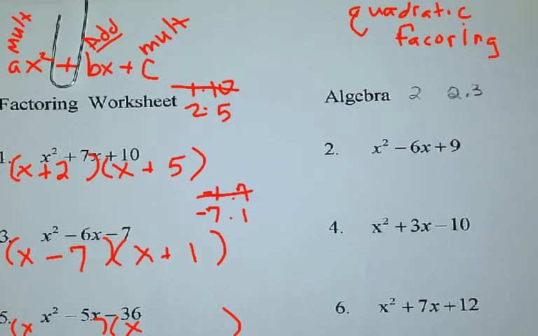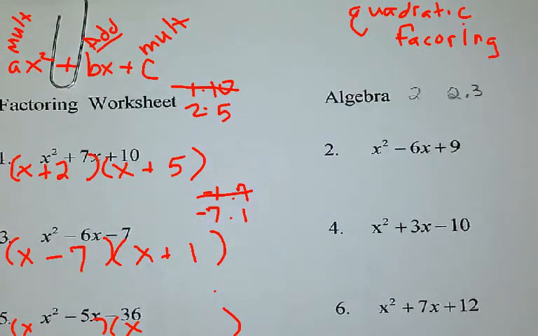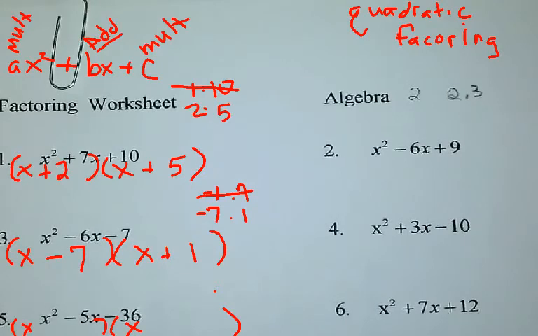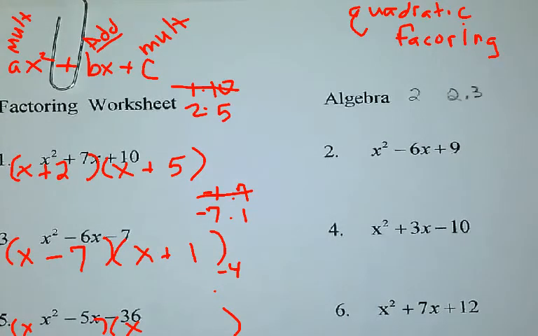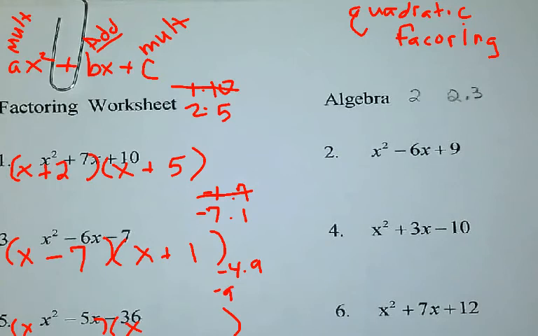So to get negative 36, I could do negative 4 times 9, because that makes negative 36, or I could do negative 9 times 4. Now one of those adds up to be negative 5.